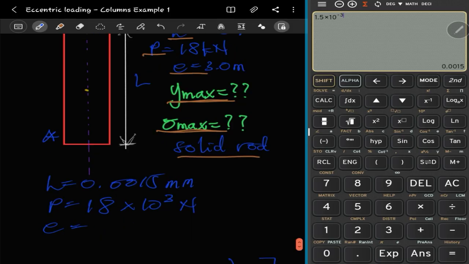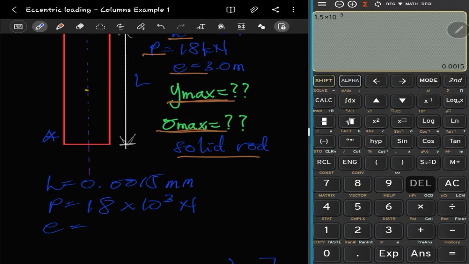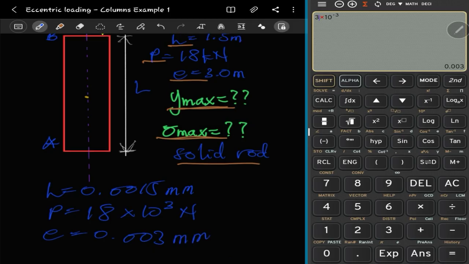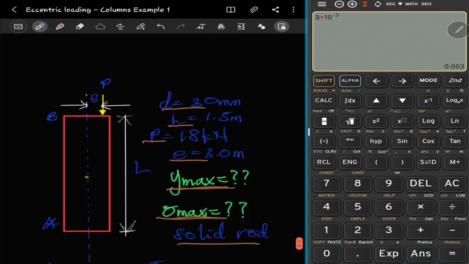Eccentricity is 3, and that gives us 0.003 mm. One other thing is the elastic modulus. The value given is 200 gigapascal.